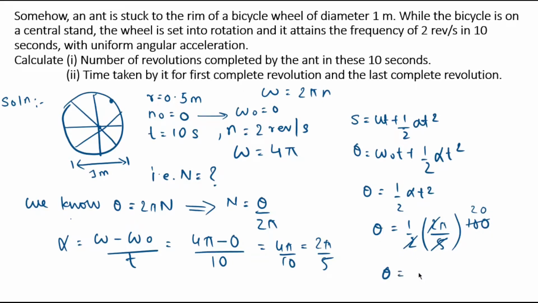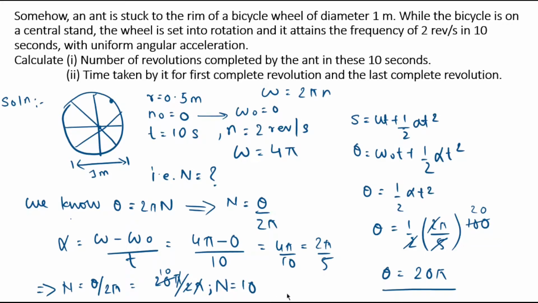So theta is 20 pi, which implies the number of revolutions completed by the ant will be n equal to theta upon 2 pi, which is 20 pi divided by 2 pi. Pi cancels, 2 ones are 2, tens are 10. So our n will be 10 revolutions. So for the given time the wheel of the cycle rotates 10 times.